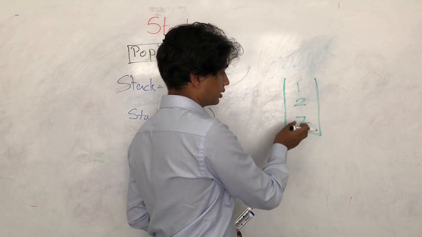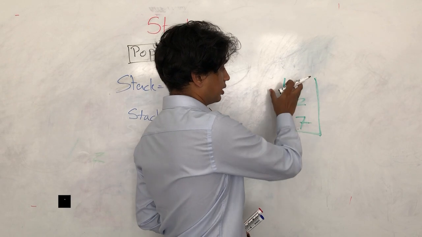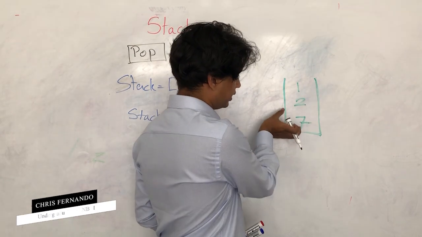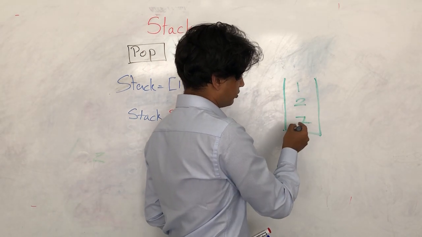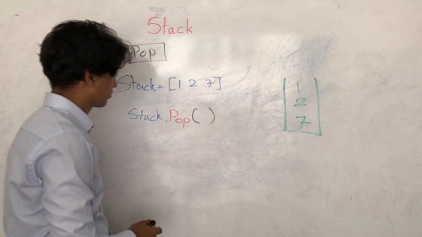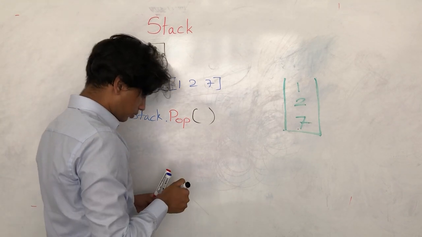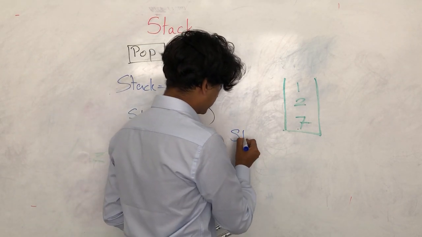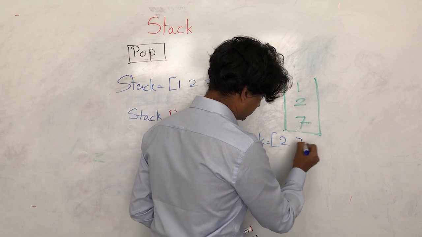So in order to take the number 7 out of this stack, we would have to take out both of these elements first, because we can't take any element from the stack which is not in the last position at that moment. So when we execute this code, we are going to have a stack with only 2 elements, which would be 2 and 7.